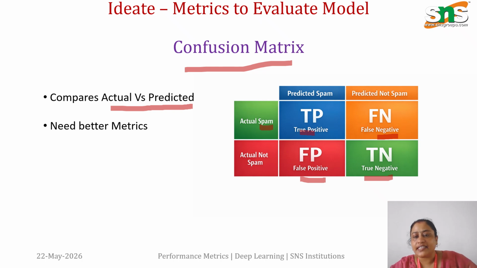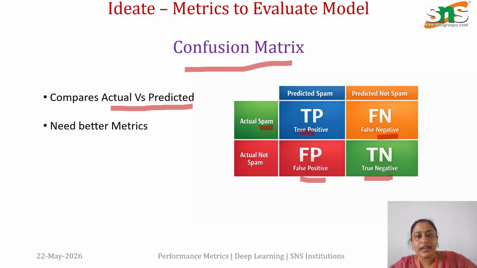False negative is when the email is actually spam but the model has predicted it as not spam. And false positive is when the email is actually not spam but the model has predicted it to be spam. These are the four things that have to be taken into account in the confusion matrix.